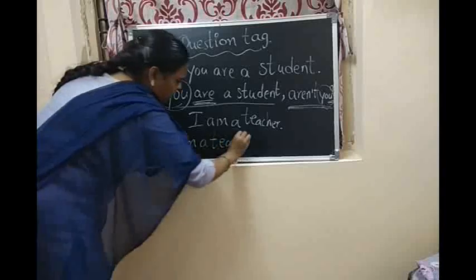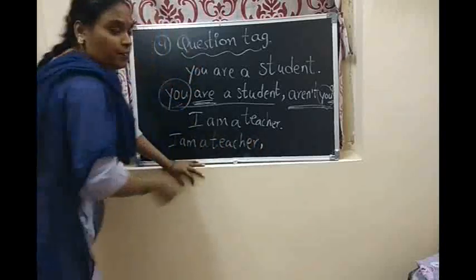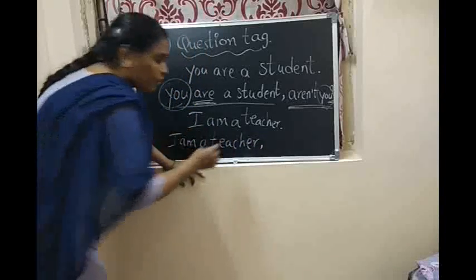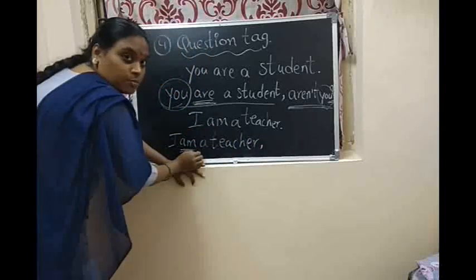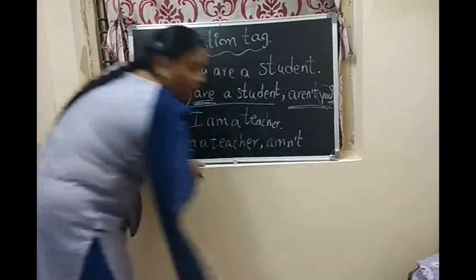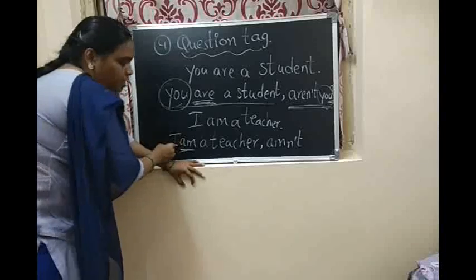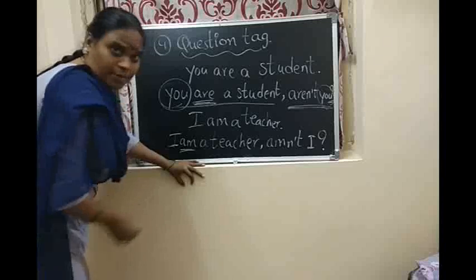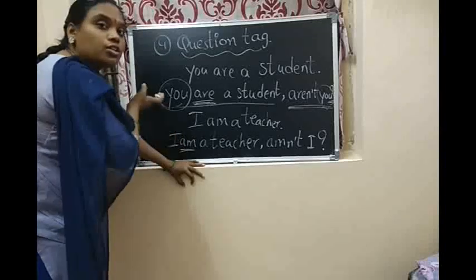I am a teacher, comma. Here there was a full stop, so now a comma. Then the question tag. Here "am" is there. This is positive, so I want to write negative here. Am it. Here what is the subject? That subject comes last. Haven't I? Haven't I? This is about question tags.